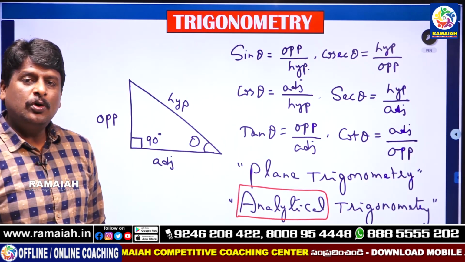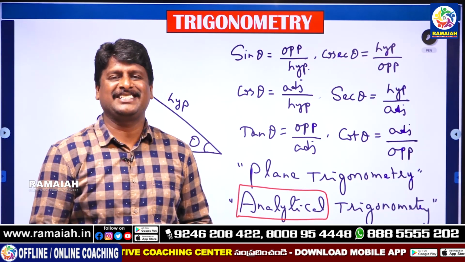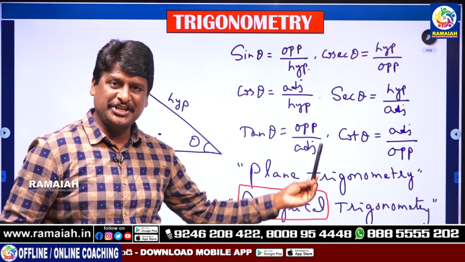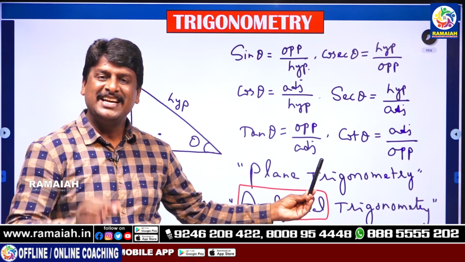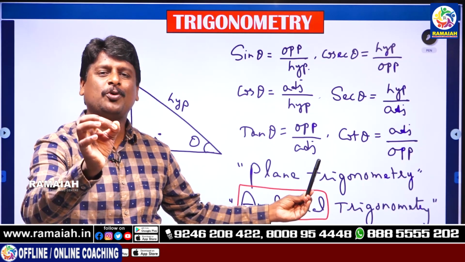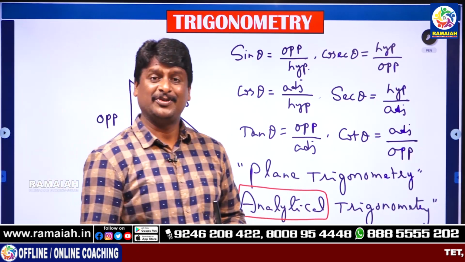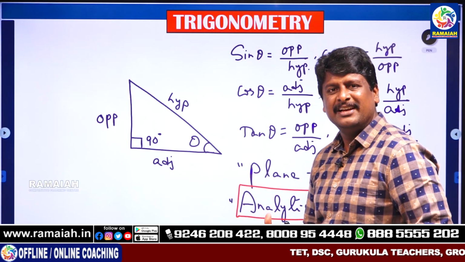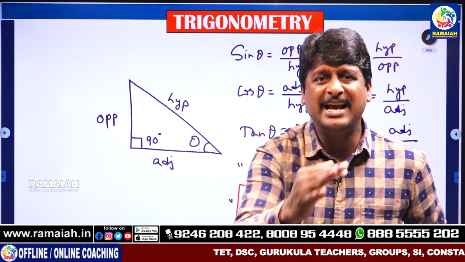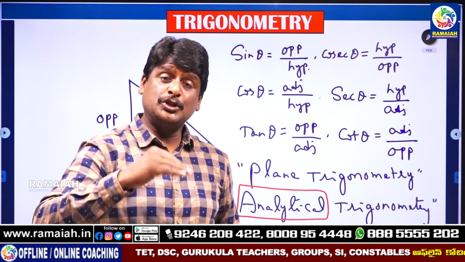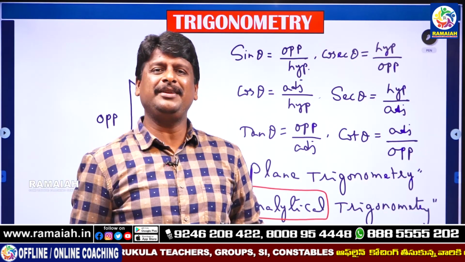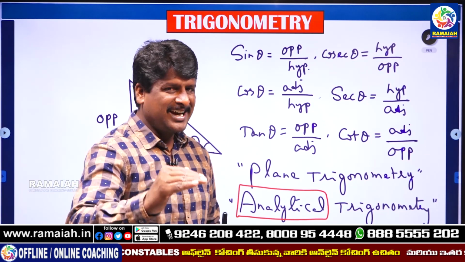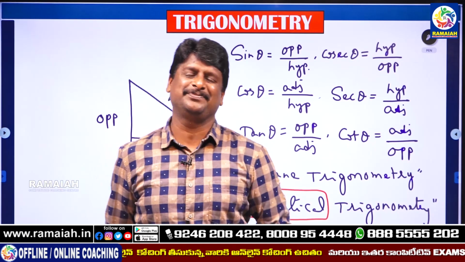In the name itself, you may get an idea of analytical. So, we are going to define all these trigonometric ratios in the Cartesian coordinate system. Once again, we are going to discuss trigonometry, especially for the Gurukula examination or school assistant examination, related to the Cartesian coordinate system.